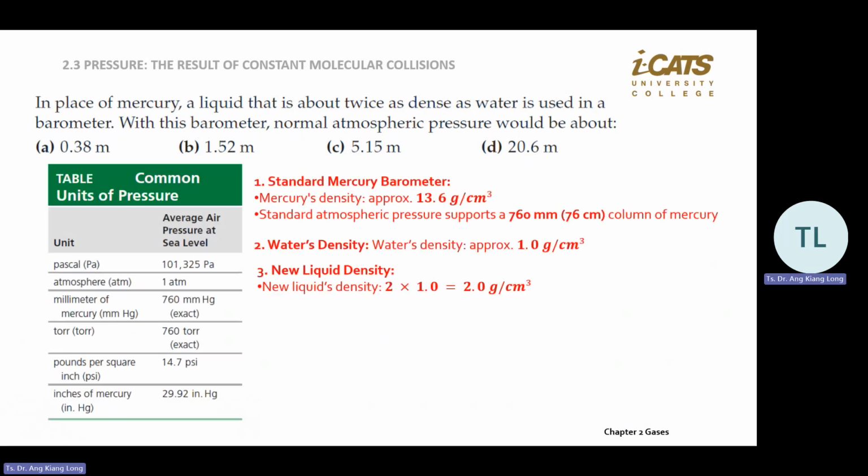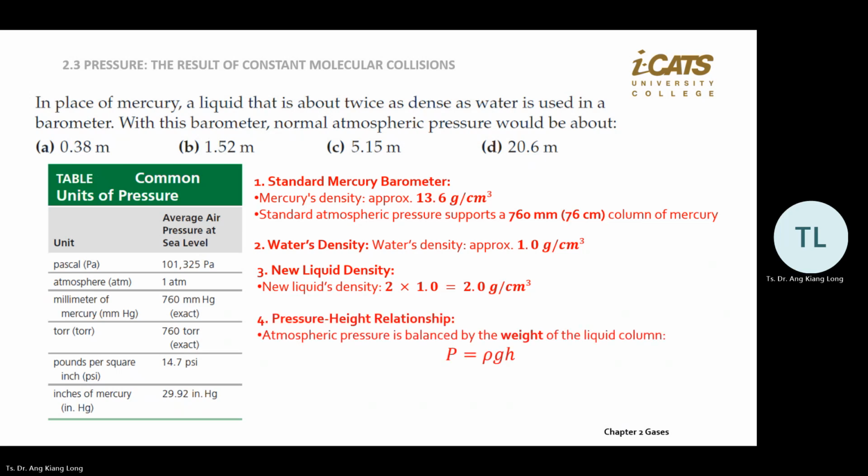these are the calculation. So standard mercury density is 13.6 gram per cm cube. So we know that in atmospheric standard pressure, mercury goes 760 mm or 76 cm. Why we use cm? Because for the density, sometimes the question will give you in gram over cm cube.